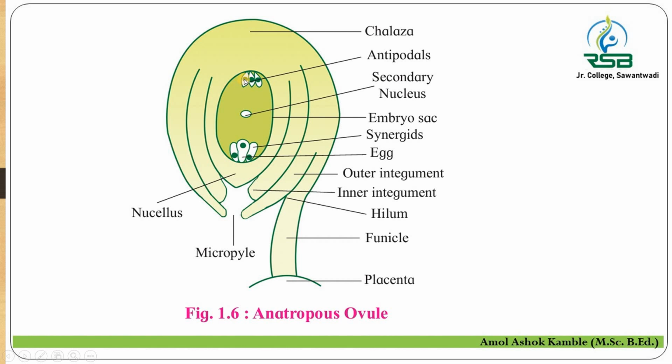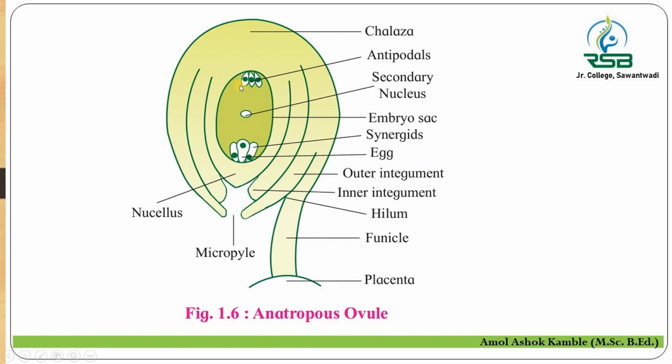Now here, this upper area is called antipodal. Here there are 3 antipodals, 1, 2, 3. Then at its opposite side towards the micropylar end, there is again 1, 2, 3. It is called the egg apparatus. At the center, it shows the egg, and these are the two lateral cells called the synergids. So 3 plus 3, 6, and at the center 1.